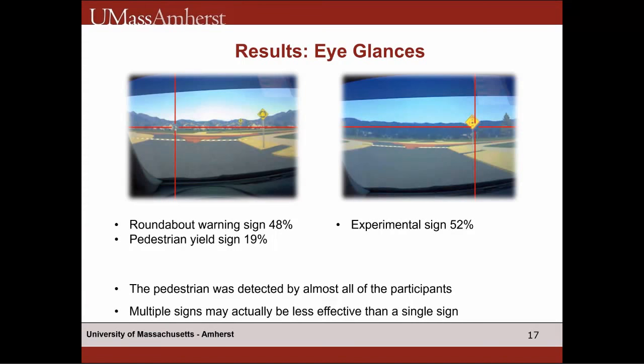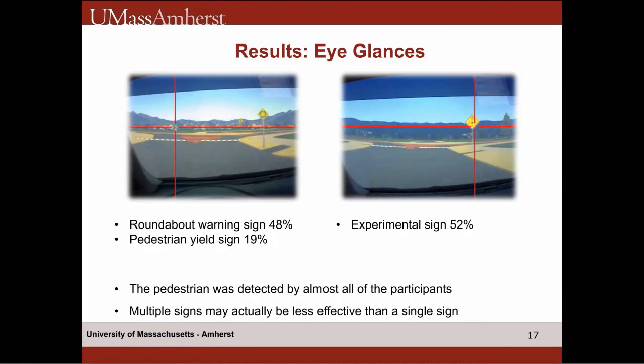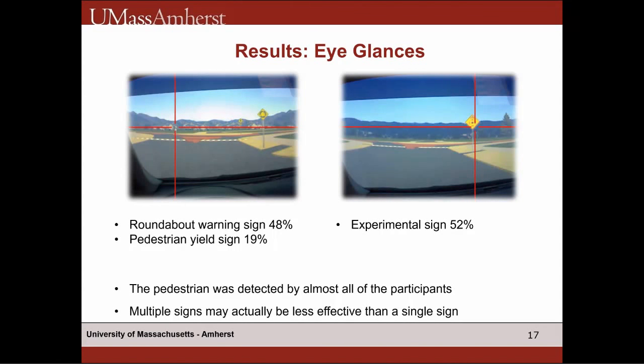Yes, because when they glance at the first sign, they mostly ignore the second sign because they were navigating the roundabout, I think, and so they were focusing more on lane keeping, instead of getting information from the signage. Yes. Yep, that makes sense. Thank you. More questions?